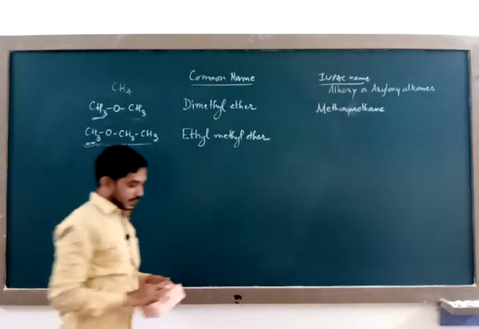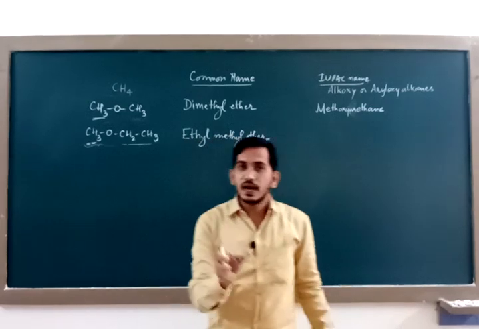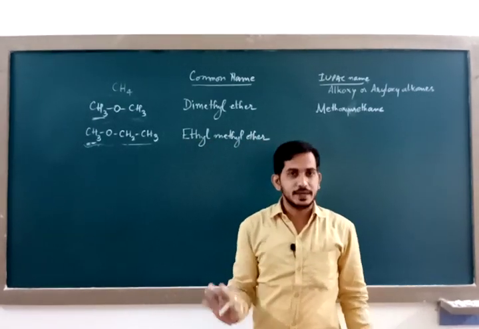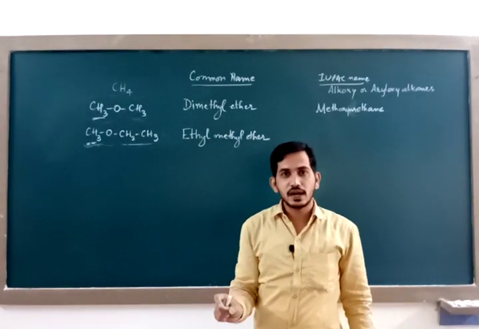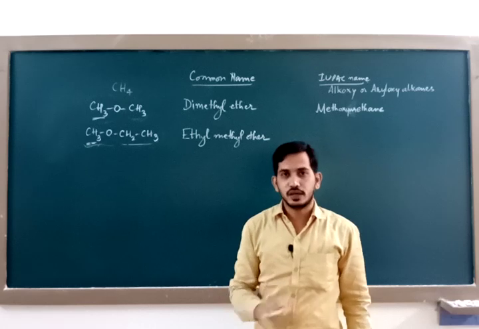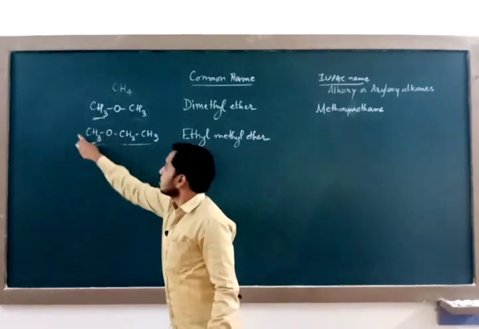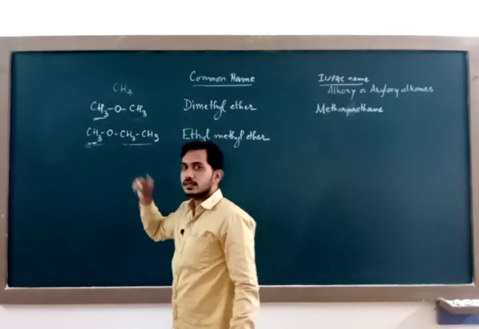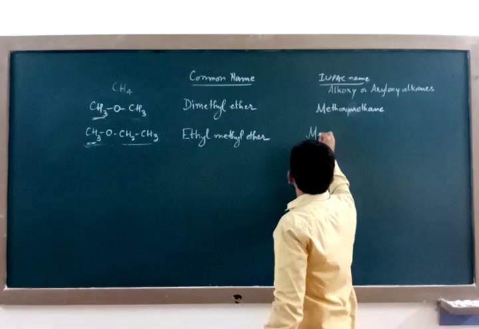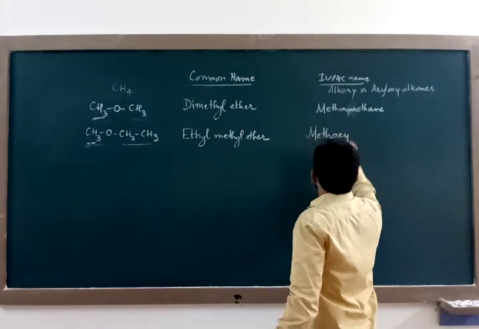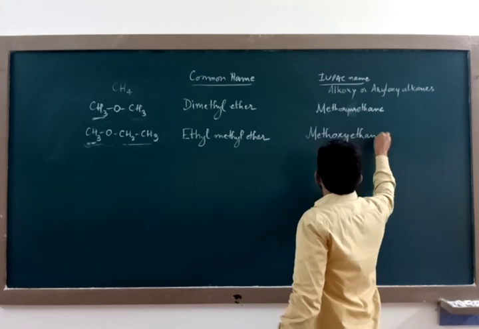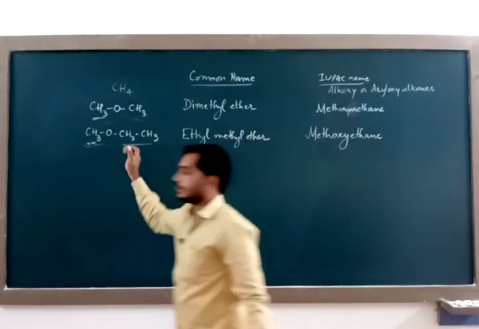Which one is the correct name? Always remember, the bigger alkyl group is considered as the parent. The smaller alkyl group is treated as a substituent. Therefore, methoxy ethane is the correct name for this compound.